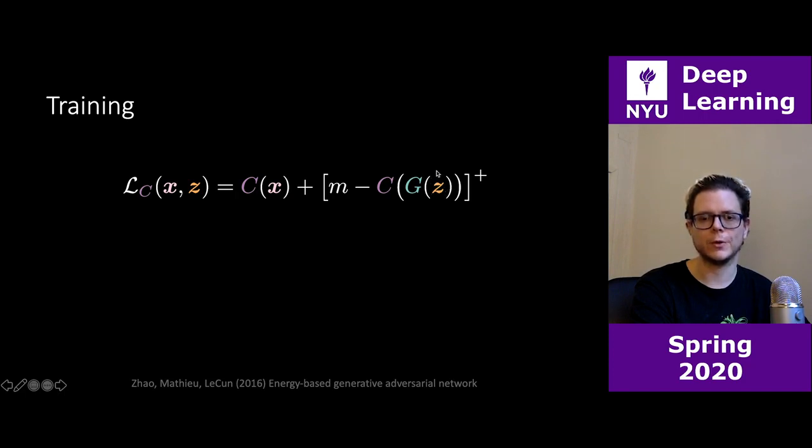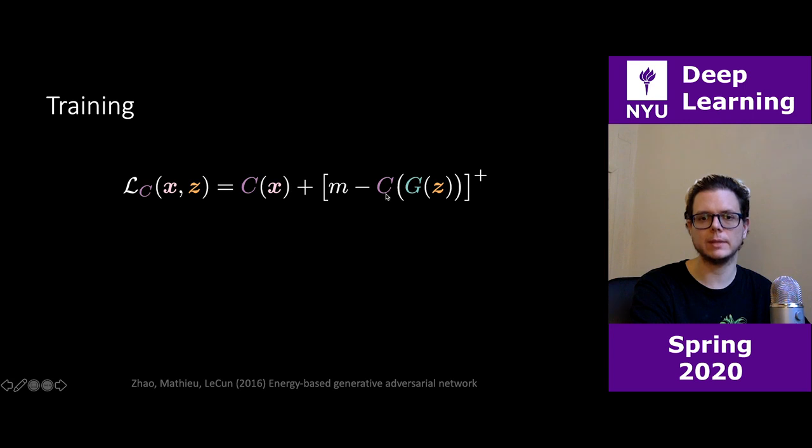Okay, so G of Z gives me a fake input. Then C will have to give me a cost, and as long as this cost is lower than M, this part here will be a positive part.